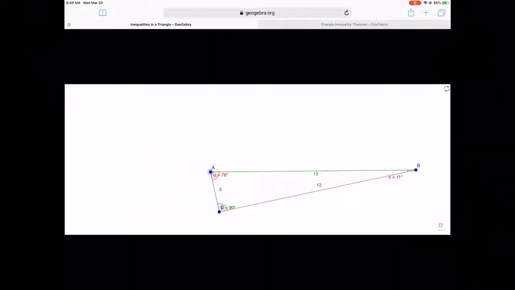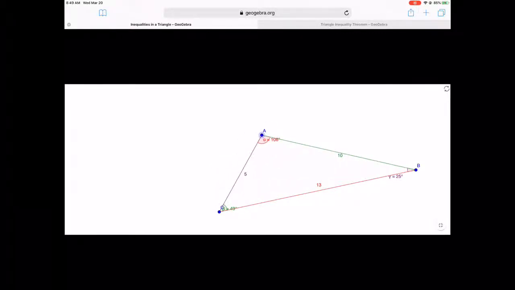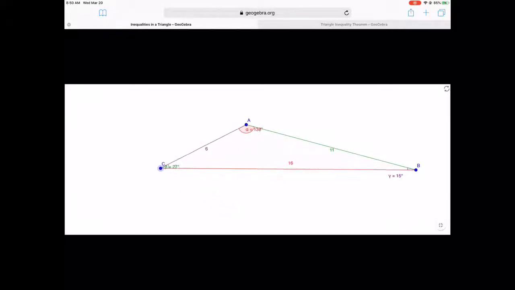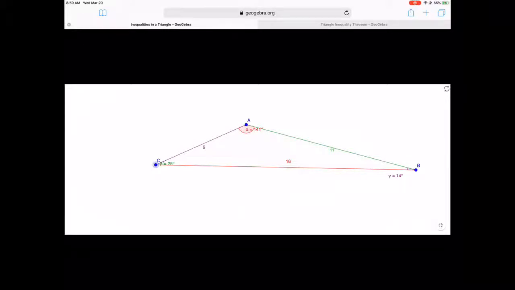Okay, so the largest angle, I can move these things all over. Okay, the largest angle, let's look at that. It says 95. The other ones are like 60. Let's actually make it so it's very apparent. Okay, so we have the smaller angles, which are 25 and 14. The largest is 141.